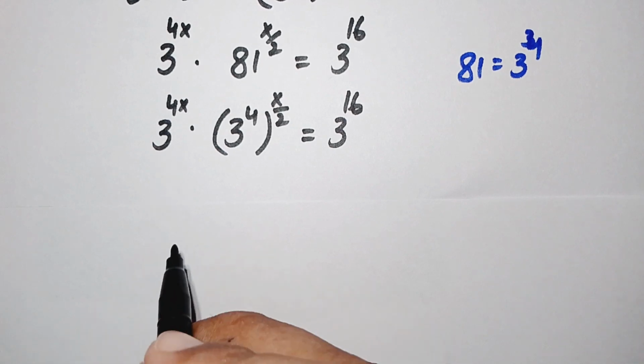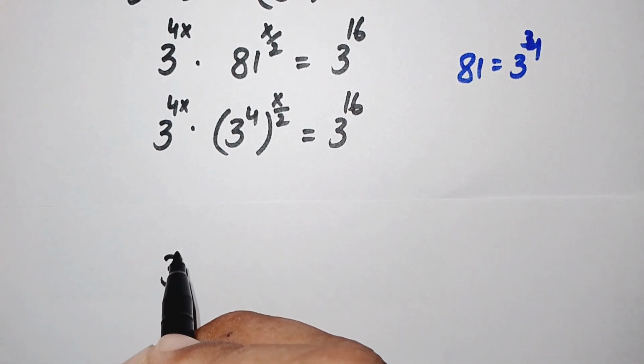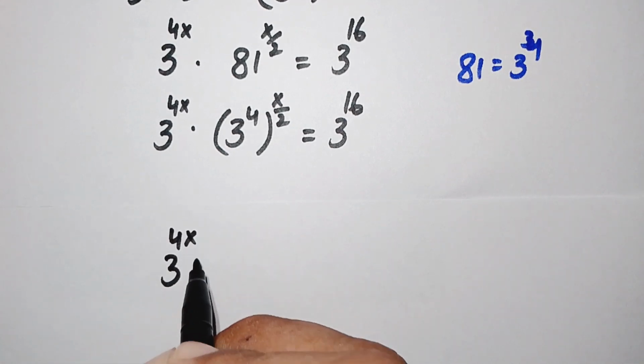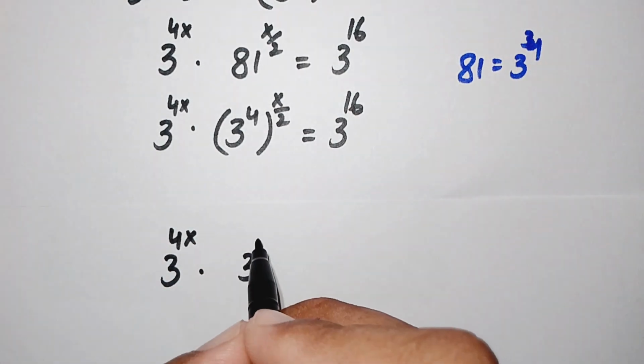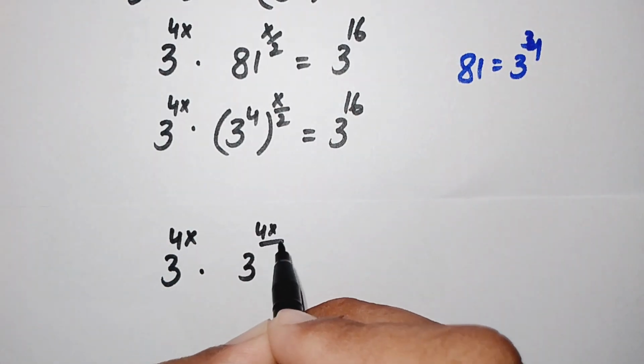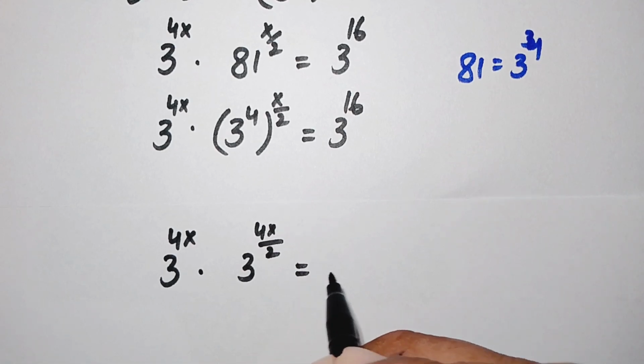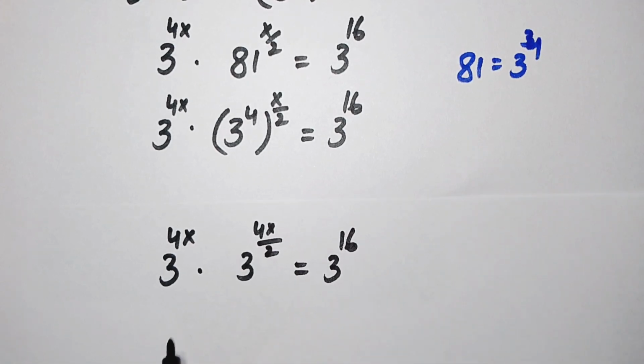In the next step, 3 to the power of 4x times 3 to the power of 4 times x over 2, which is equal to 3 to the power of 16.